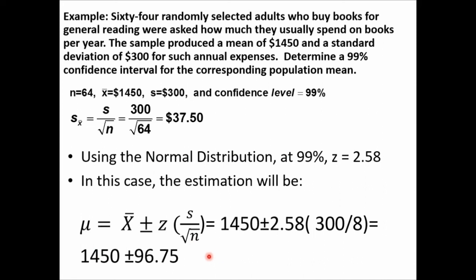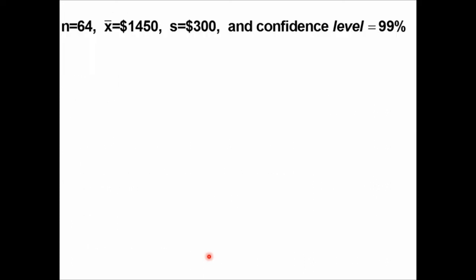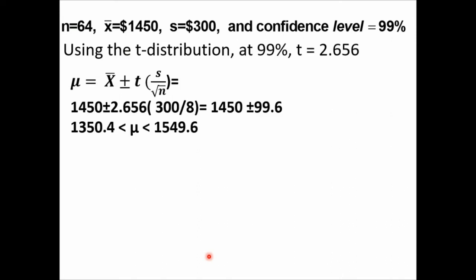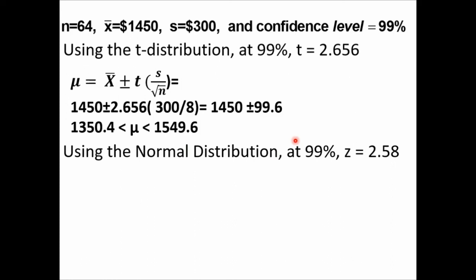Now let us compare this estimation with the previous estimation from the t distribution. When we used the t approach, the t value was 2.656 and the estimation was from 1350.4 to 1549.6. While when we use the normal distribution, the z statistic was 2.58.